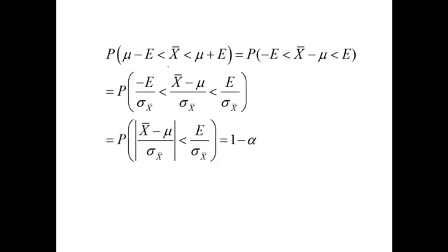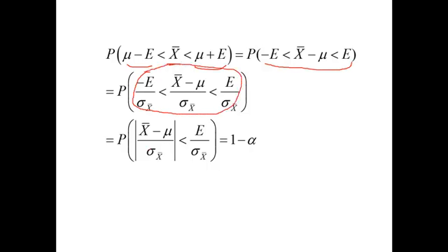Okay, and so let's do some calculations here. Say we've got this x bar. What is the probability that it's right, that it's within our margin of error? Well, to calculate we have to do a z-score, so we subtract mu from everything first, and then we divide everything by the standard error of the mean.